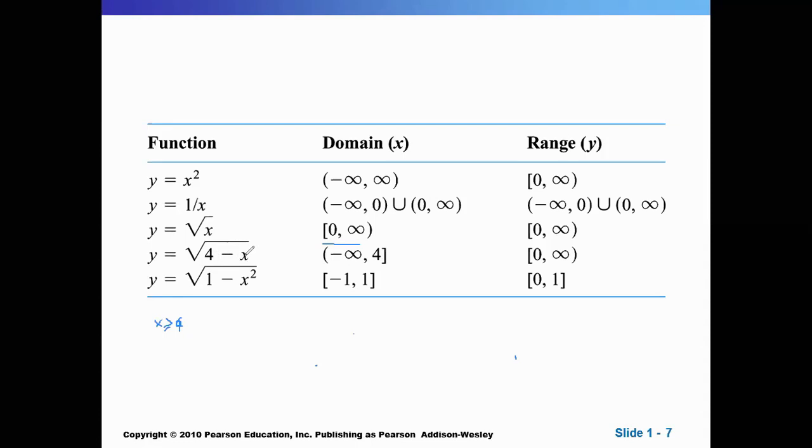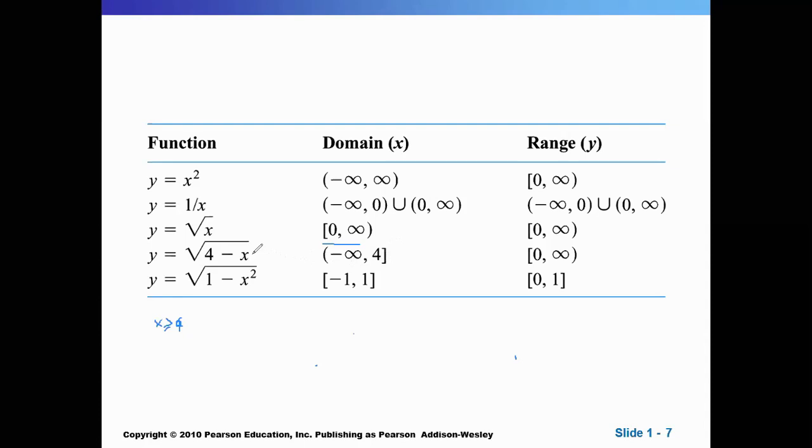Right. That means the largest positive number I can have is 4. Can I have 5? No, because it's going to be 4 minus 5, which is negative 1, the square root of negative 1, which is wrong, right? So the largest positive value is 4, 4 included. Correct.